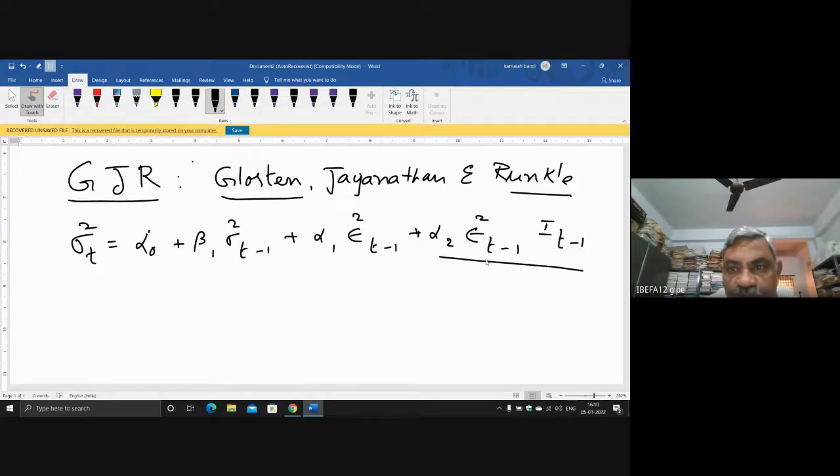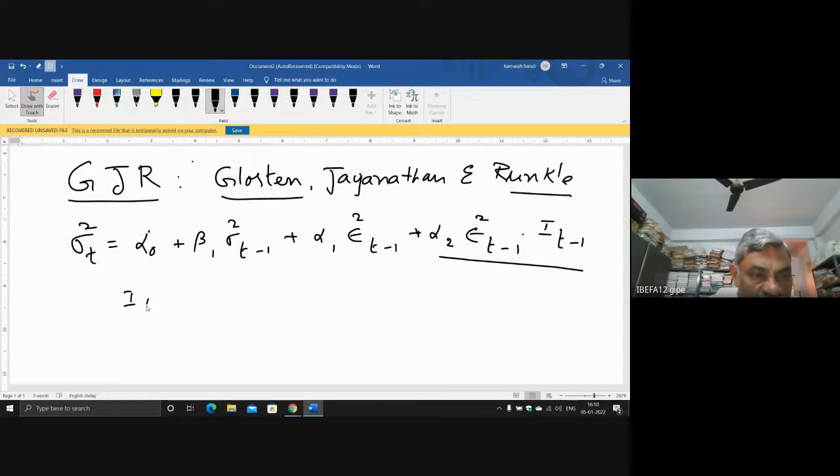This is important. But the coefficient alpha 2 is different because this is being multiplied by I t minus 1, which is an index.